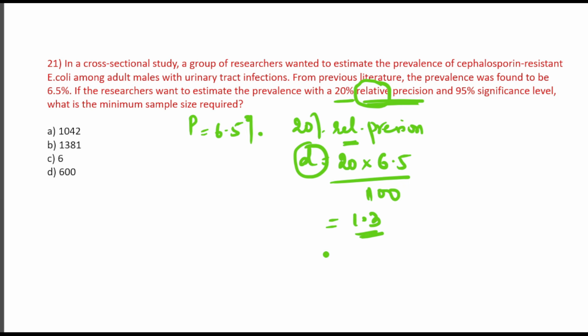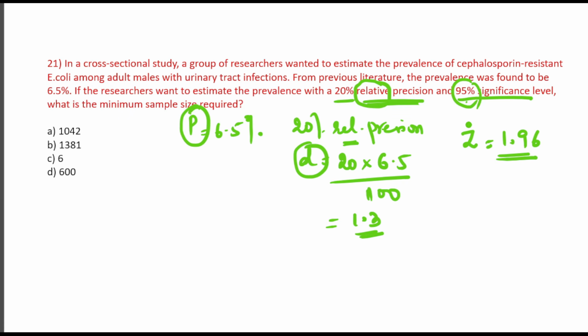Another variable they gave is the 95% significance level. So the level of confidence is the Z value. When they give 95% significance, the Z value is the standard 1.96.